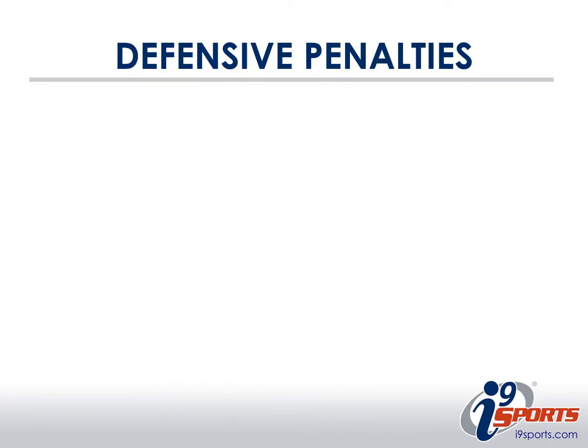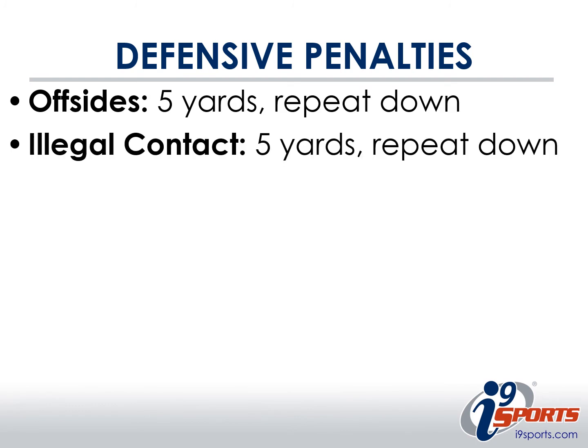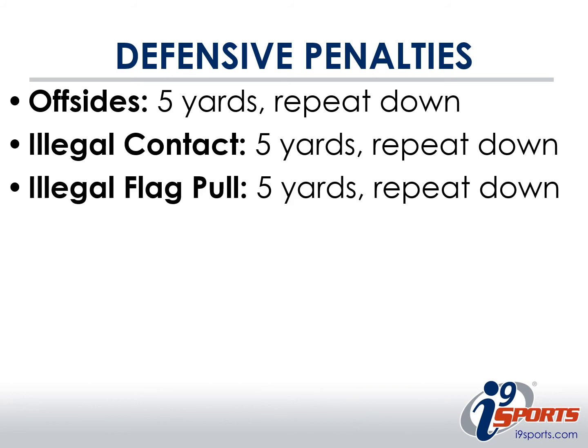Okay, so for defensive penalties, again, almost all of these can be declined by the offense if they choose to and the play is continued. But if not, for offsides, it's 5 yards and repeat the down. Illegal contact would be like holding or blocking. It's 5 yards.